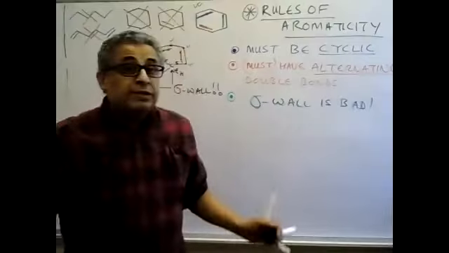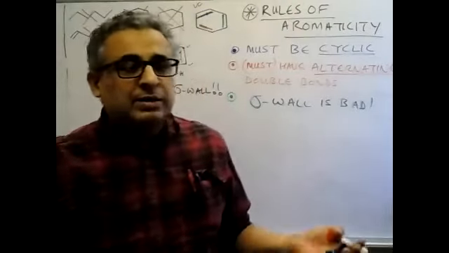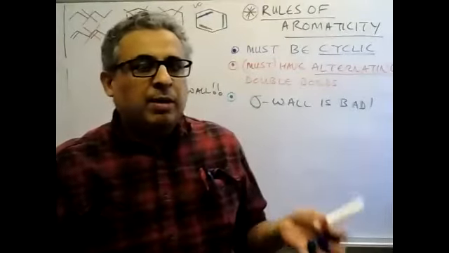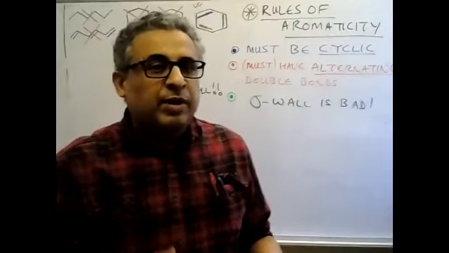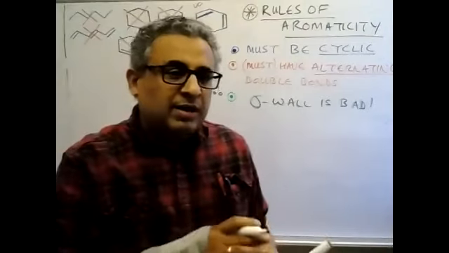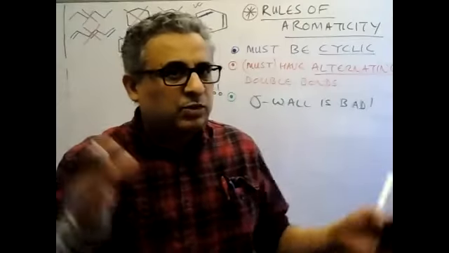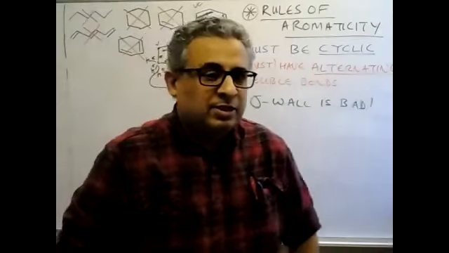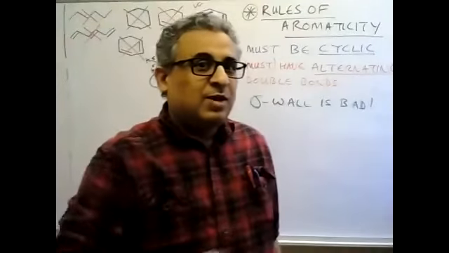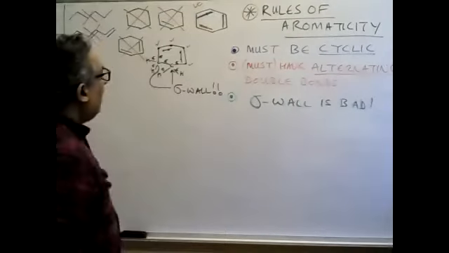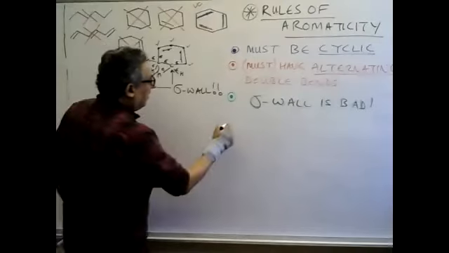Whenever you see a sigma wall, you can either say it doesn't have an alternating double bond. You can explain it that way, but in my exam, in our class this semester, if you say, oh, Dr. Maitra, sigma wall problem, that's totally fine. If I ever write a textbook for organic chemistry, I'm going to introduce the word sigma wall. Sigma wall is bad.